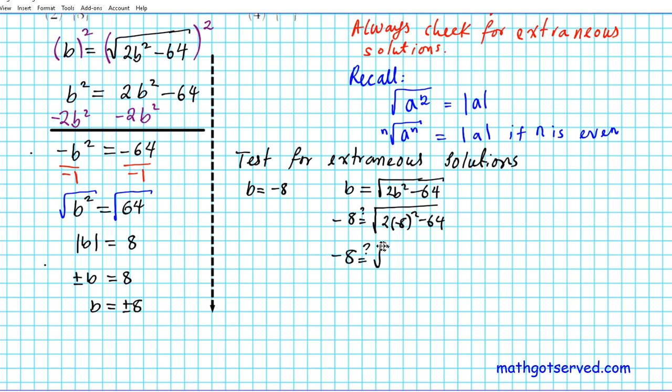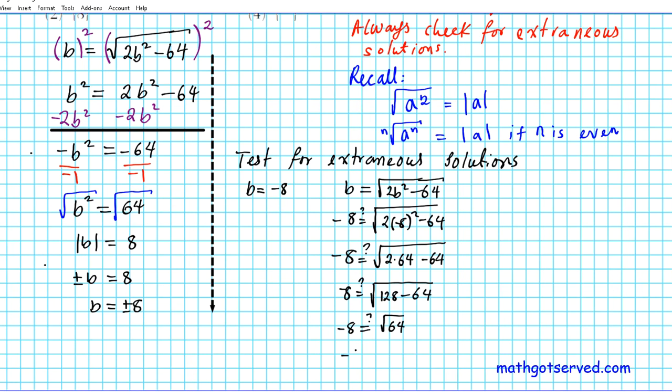We have the square root of 2 times 64 minus 64. Is -8 equal to 2 times 64 is 128 minus 64? Is -8 equal to, subtract those two, you get 64?